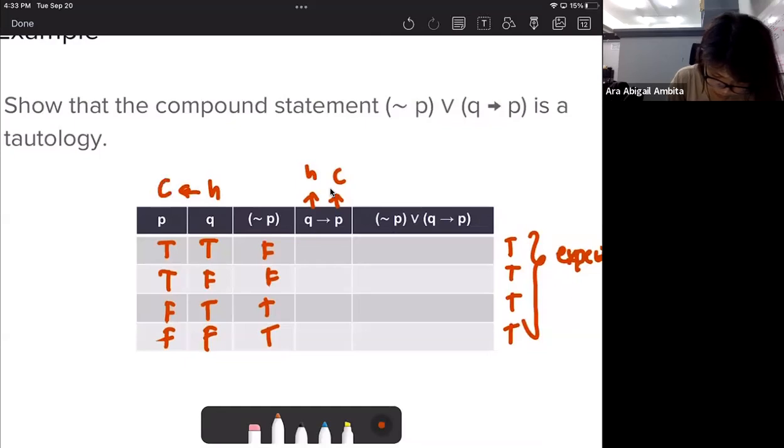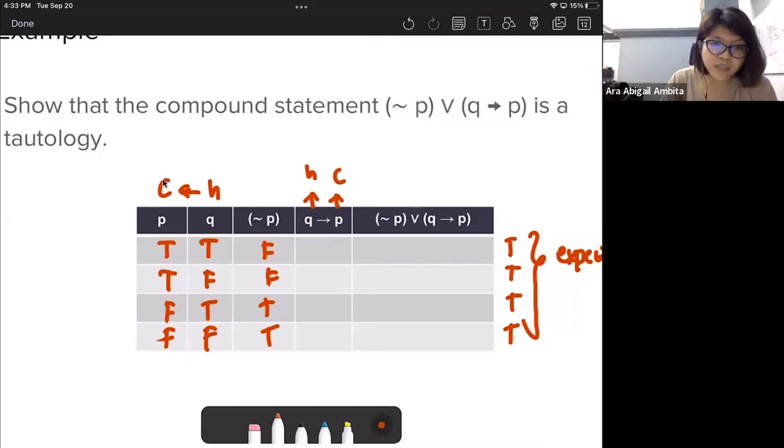This will only be false if the hypothesis is true and the conclusion is false. So this will be false and the rest will be true. That's the rule of implication.